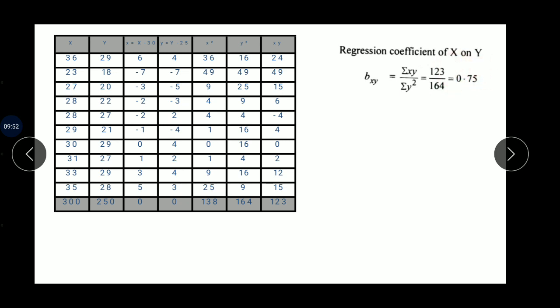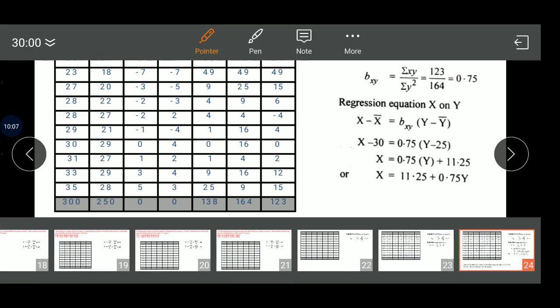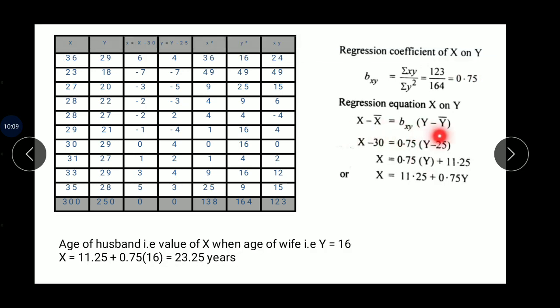So the regression equation of x on y is x minus x bar equals 0.75 times (y minus y bar). X bar is 30, y bar is 25, and bxy is 0.75. So we'll put all the values in this equation. After simplifying it, we get x equals 11.25 plus 0.75y.